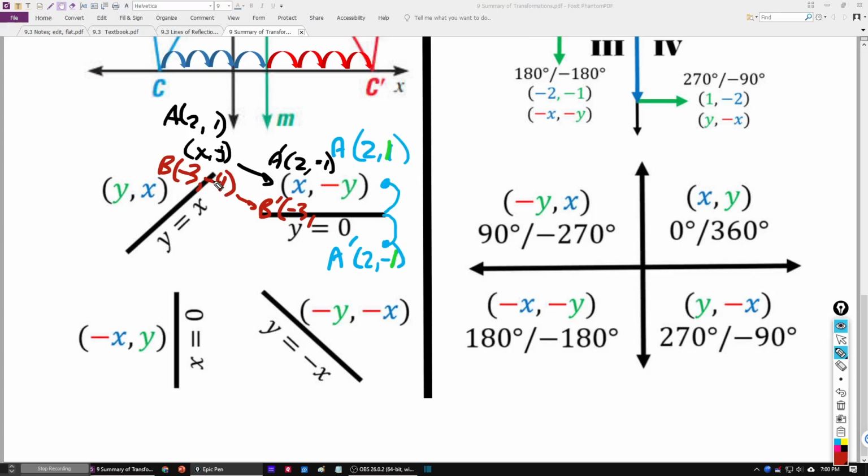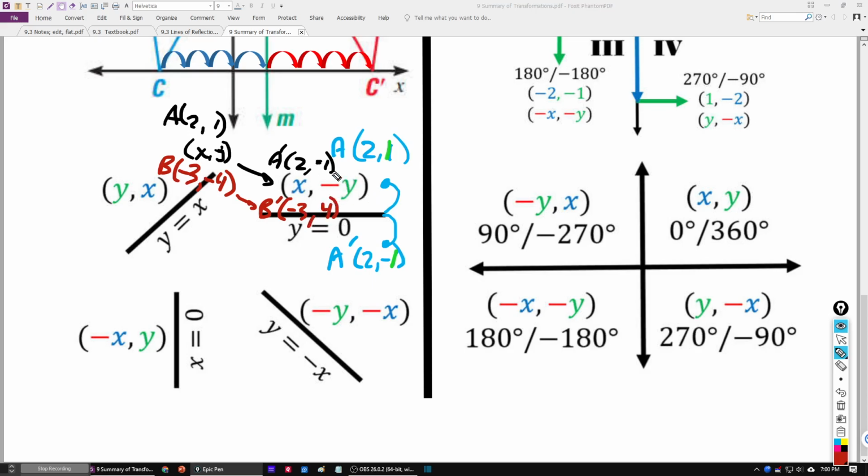So instead of -4, it's going to be +4. So B, which is -3, -4, is transformed through reflection over the x-axis into B prime, which is -3, 4. Do you see how easy that is?